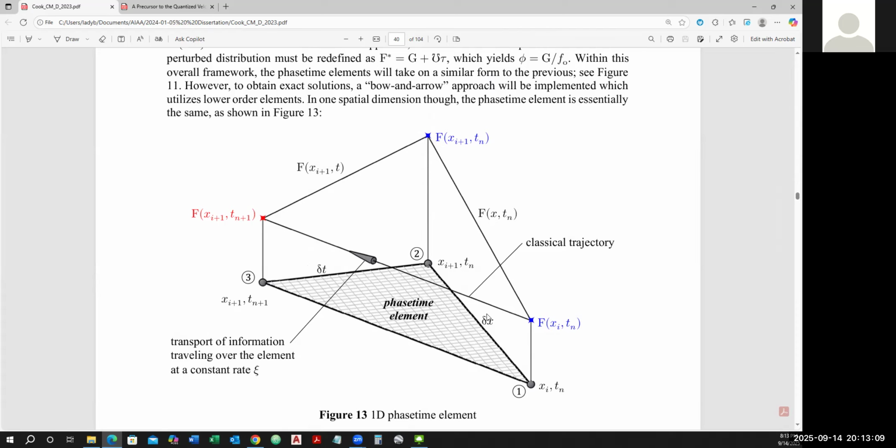We have some amount of mass, it could be some amount of momentum, it could be some amount of energy, it could even be some amount of entropy, even though we're not going to put the entropy in the code. So that amount is at node 1 at Tn. And then as time marches forwards, that information is going to travel from 1 to 2 with velocity xi.